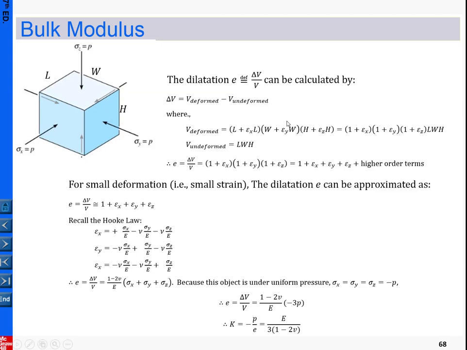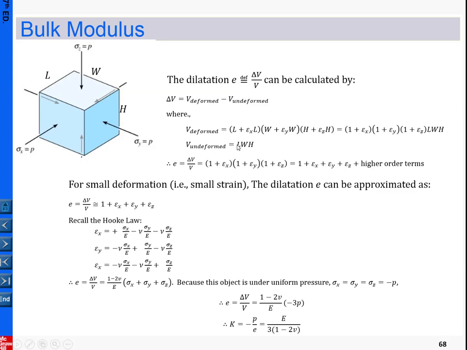In a similar way, this represents the Y dimension in the deformed object, and that is the Z dimension in the deformed object. So here I turned L, W, H out, so basically it simply becomes this. And the undeformed volume is very simple, the original shape, simply a multiplication of three dimensions here.